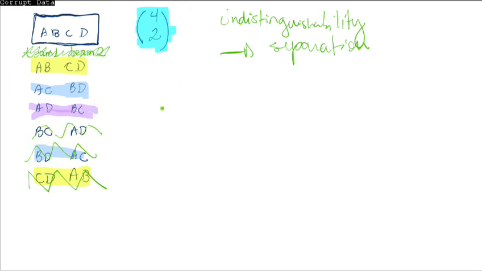So actually, 4 choose 2 would have a result of 6, but our answer is actually divided by 2. So our answer is actually 3, right? I have 1, 2, 3, so it's actually 3. How can I modify this formula to work this out?